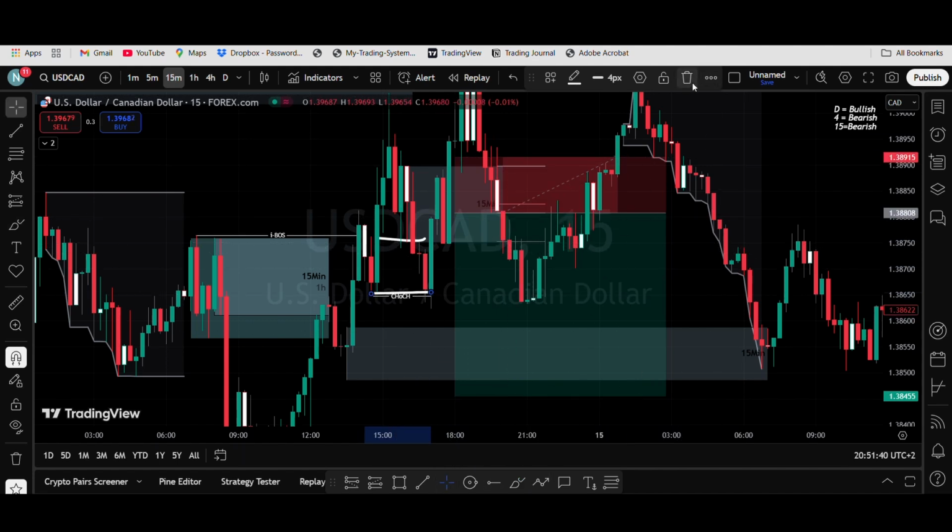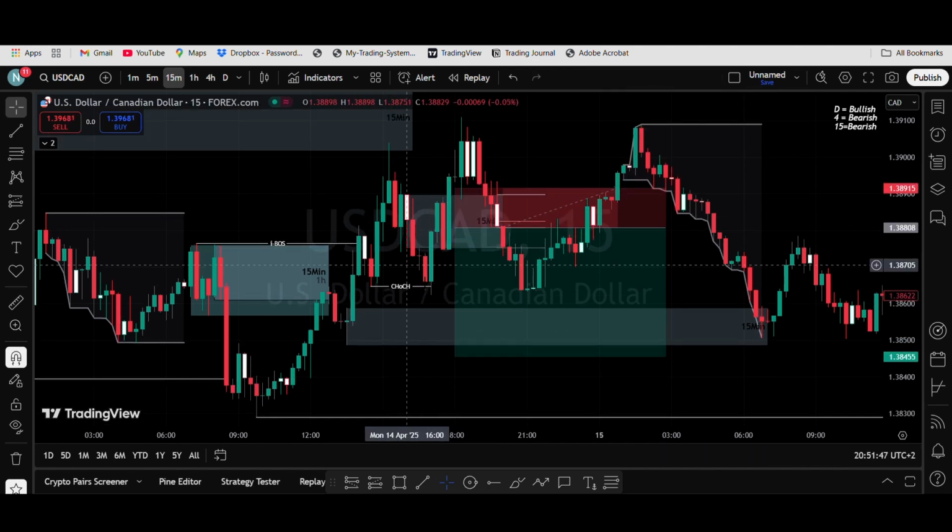Okay, I see that, and then I am ready to enter on this zone here, because it would have been the flip zone. We have this come into here, react up, and then we have the chart, which means this would have been a flip zone.